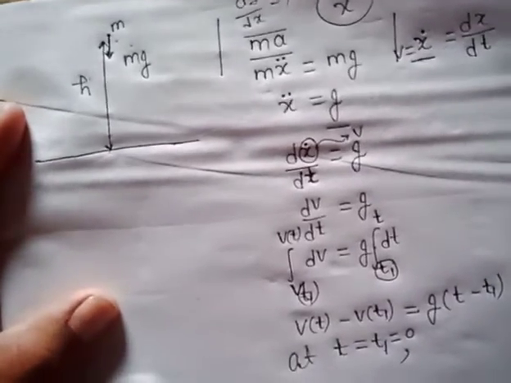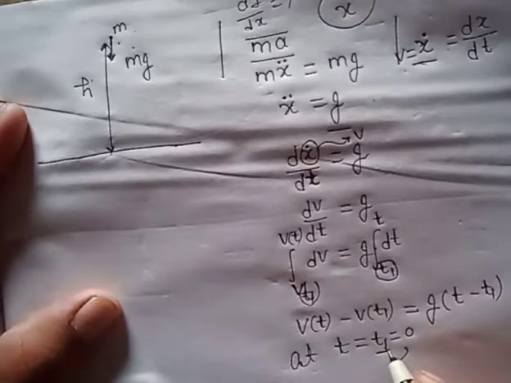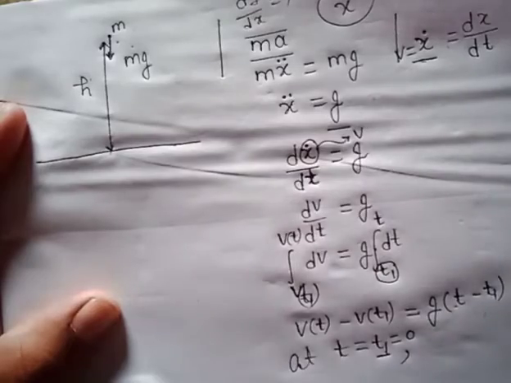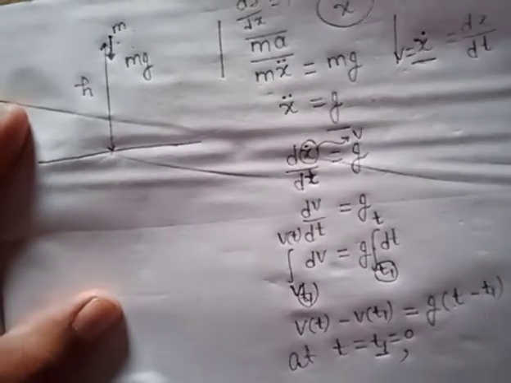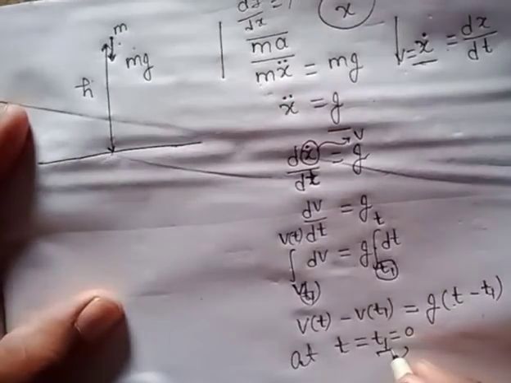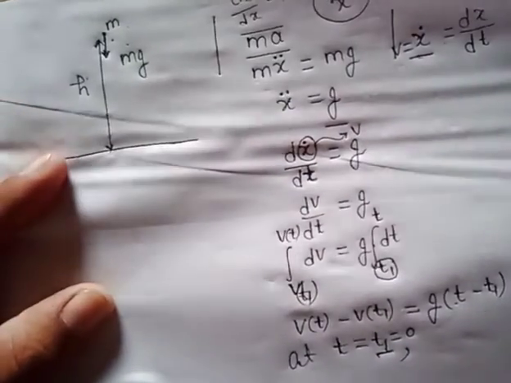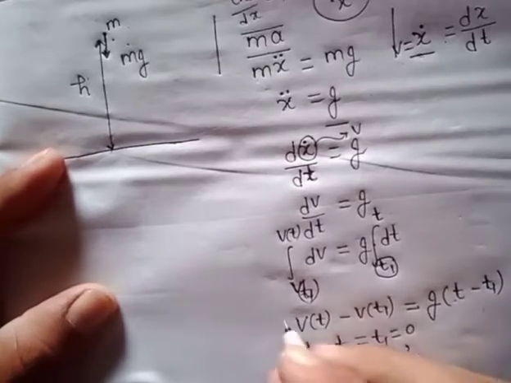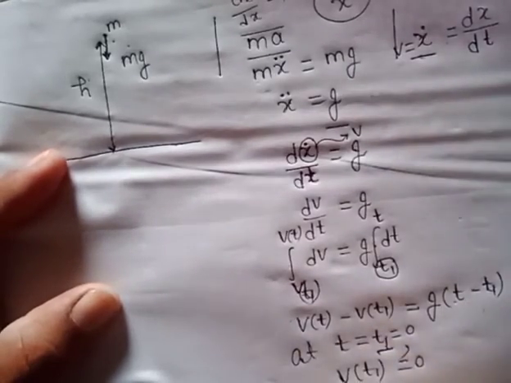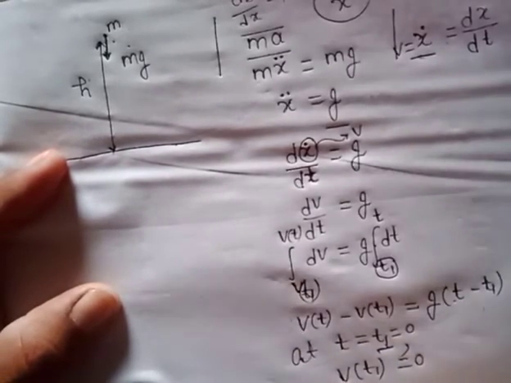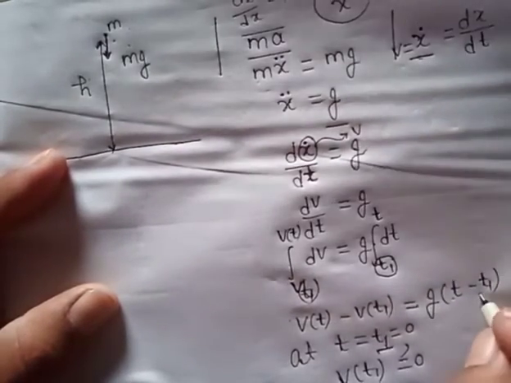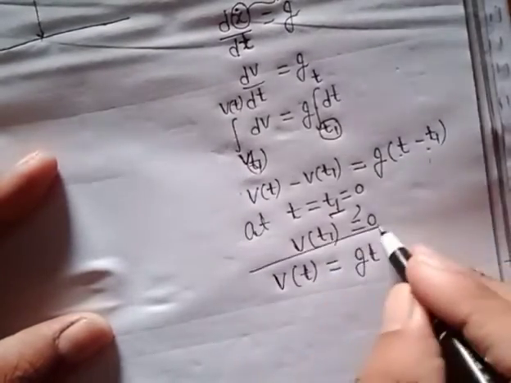And if we don't take t1 as 0, then this t will be some t1 plus something. So for simplicity we take this t1 is 0. Okay, and v of t1 is equal to 0, so we put it here. v of t is equal to gt, because t1 is 0, and we obtain that v is equal to gt.